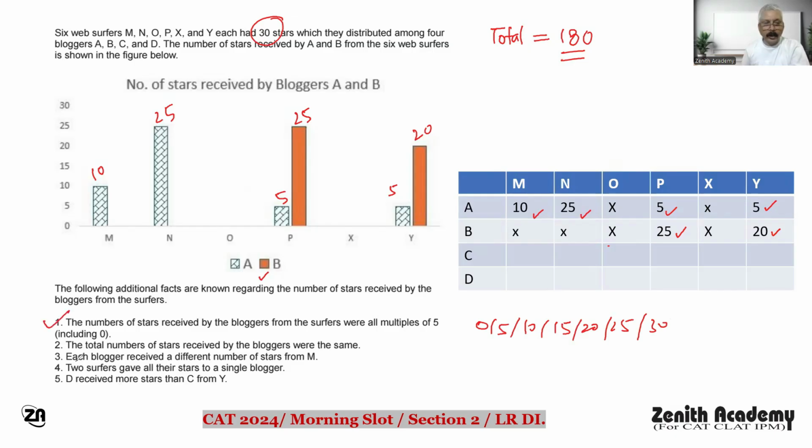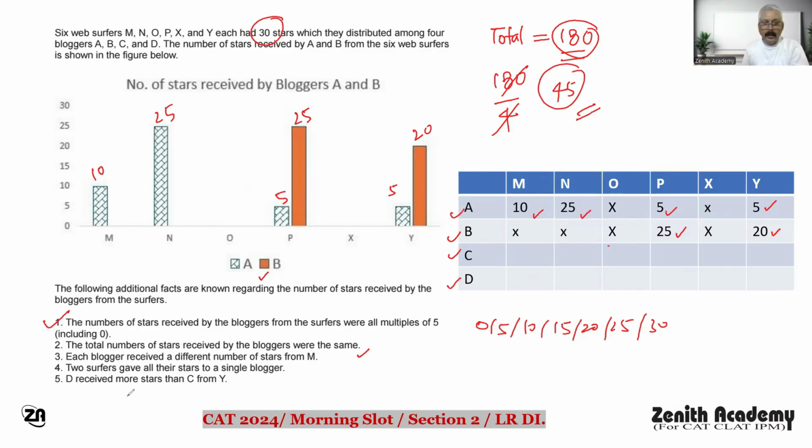Number 2, the total number of stars received by the bloggers were the same. There are 4 bloggers and 180 stars with 6 surfers M, N, O, P, X and Y. So if all bloggers get the same number of stars, each will get 180 by 4, 45 stars.